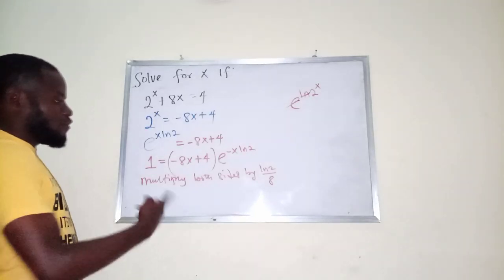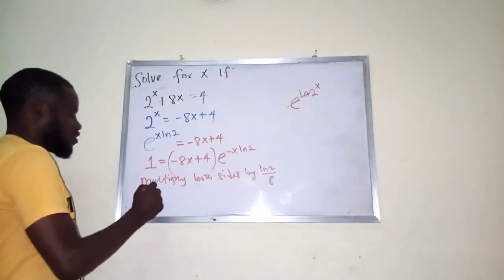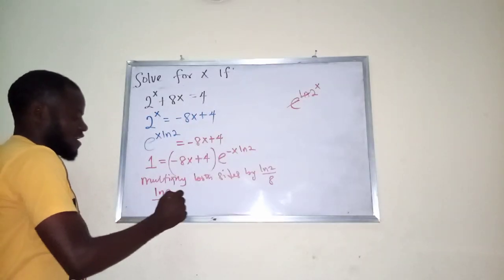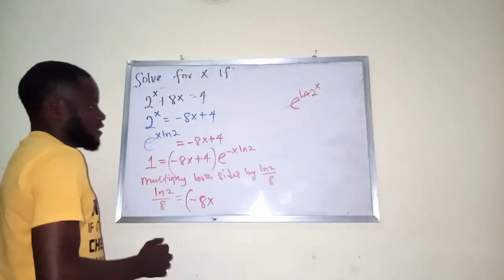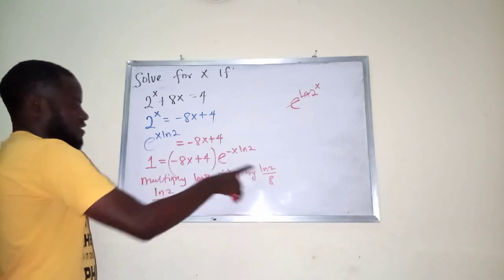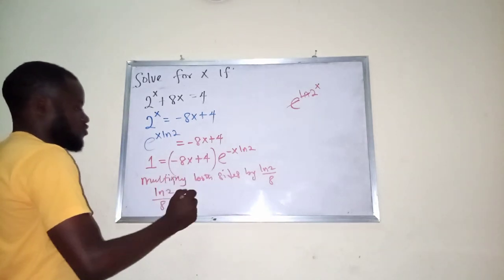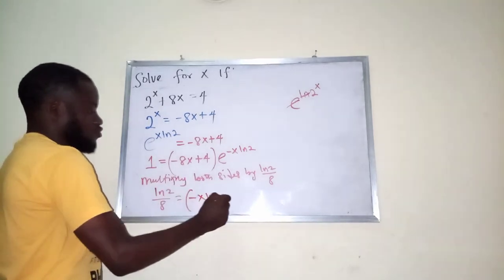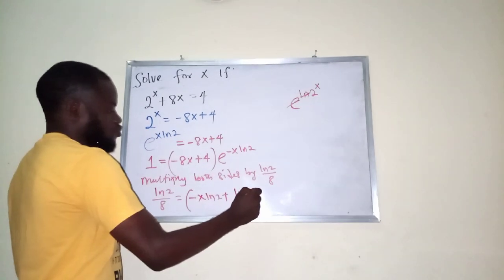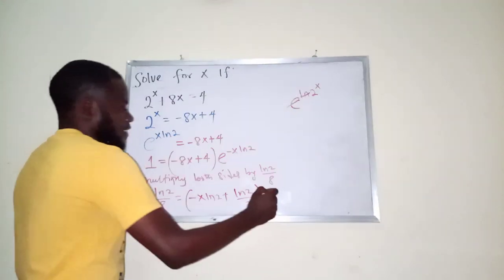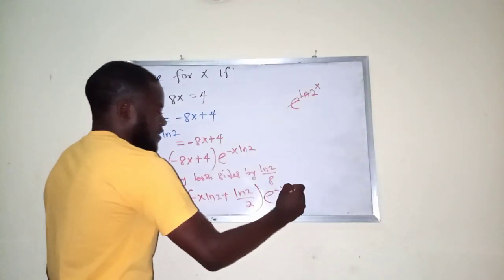If I multiply both sides by ln 2 over 8, this should become ln 2 over 8 equals negative 8x, and if I use this to multiply this, I'm going to have negative x ln 2, plus this to this will become ln 2 over 2 times e to negative x ln 2.